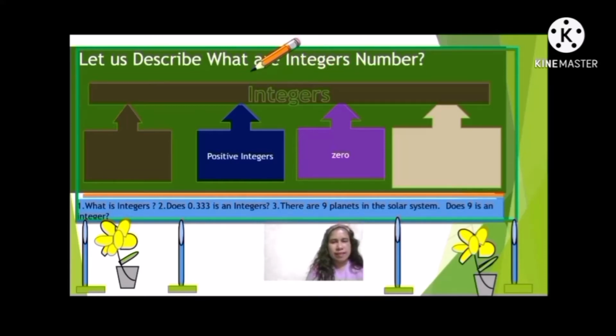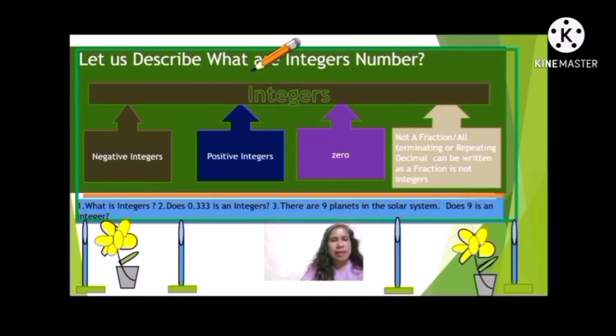Integers are negative integers, positive integers, and 0 is also an integer. Not a fraction, it should not be a fraction. All terminating decimals or repeating decimals can be written as fractions, so they are not integers. Question 1, what is an integer? Explain it in your answer sheet.